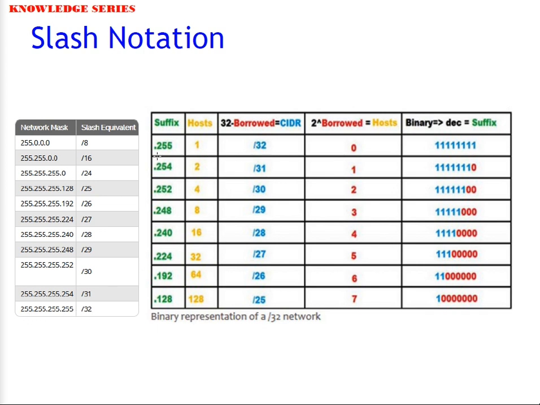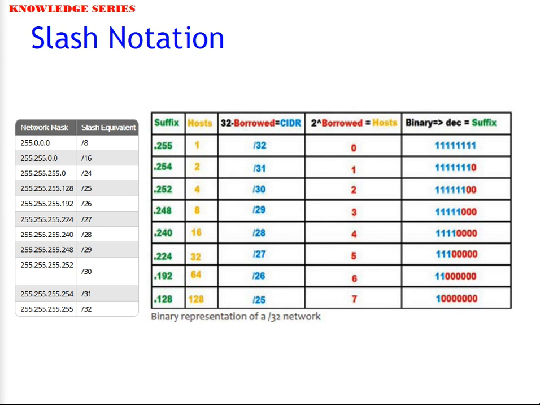So /32. How many bits are borrowed from the host? No bits are borrowed, because this is a total 32 bits, which is being shown in the case with respect to the class C scenario. So that's why this has been represented in the form of 32 bits.